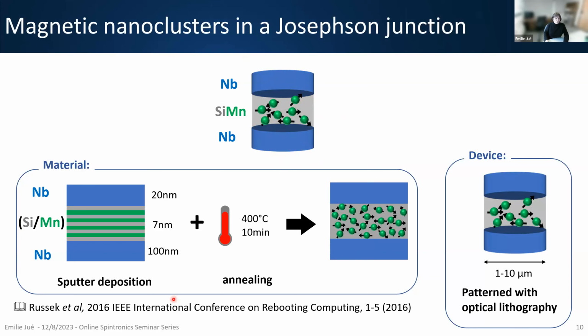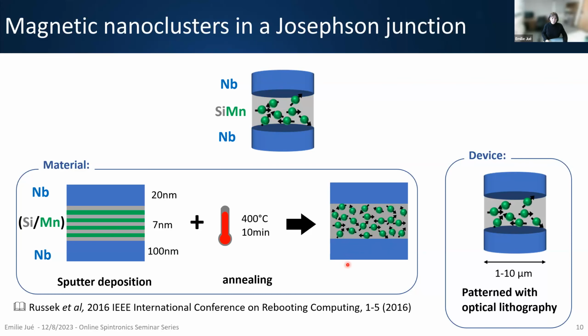This material is deposited with sputter deposition. To obtain the magnetic nanoclusters, we deposit multilayers of silicon and manganese, and we anneal it at 400 degrees Celsius to allow the formation of the clusters.